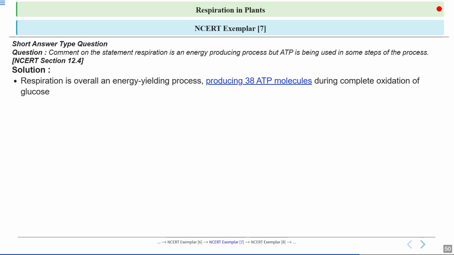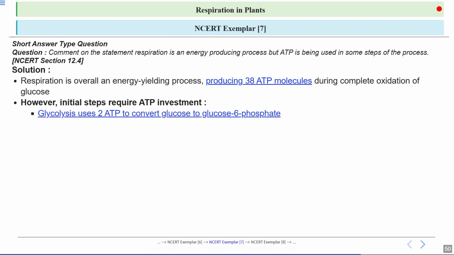When glucose is completely oxidized, the cell produces 38 ATP molecules. Initial steps, however, require ATP investment. It is important to note that the process doesn't start with energy gain right away. The initial steps require the cell to invest some ATP.